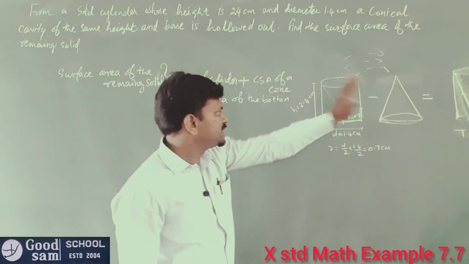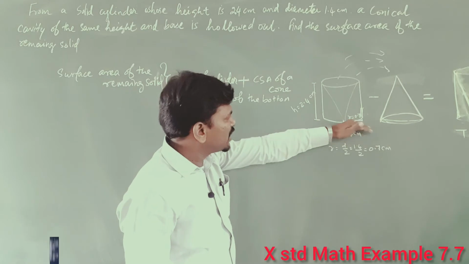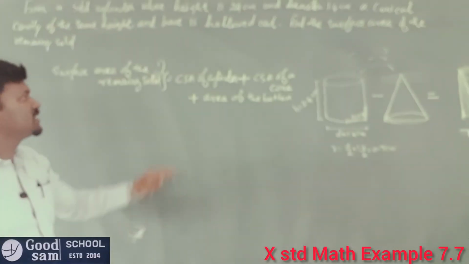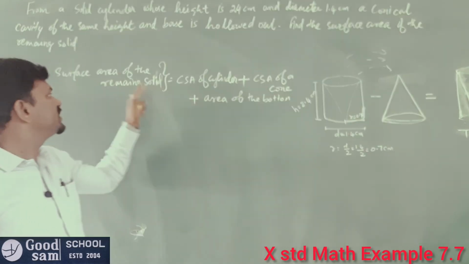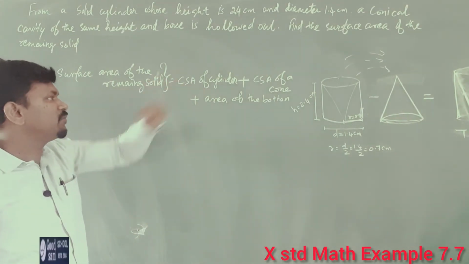So the CSA of the cylinder, inside the CSA of the cone, and the bottom like a circle, there is no top. The sum of these areas is the surface area of the remaining part of the solid.